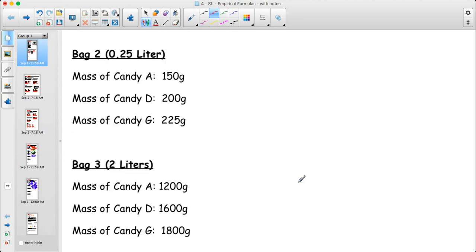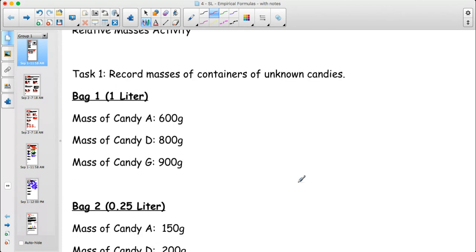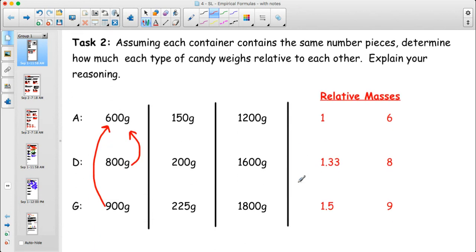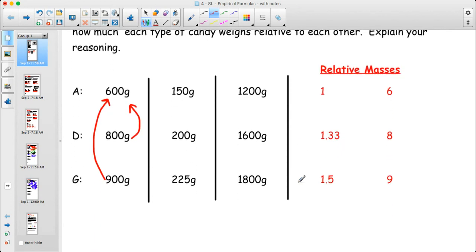Now notice in none of these cases have we actually counted individual pieces of candy. So I actually don't know how much an individual piece of candy weighs for any of these. I just know that if I say that A weighs 6, then relative to that, D weighs 8. And relative to that, G weighs 9.